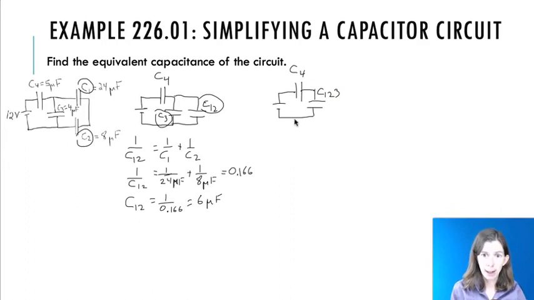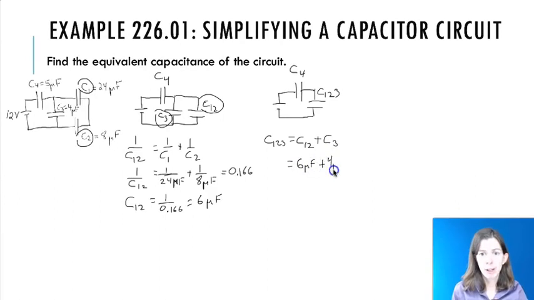When they're in parallel, what's the equation to simplify? You simply add them. So C123 is going to equal C12 plus C3. Go ahead and plug in the values. C12 is 6 microfarads, and C3 is 4 microfarads. So we're going to get C123 is equal to 10 microfarads.